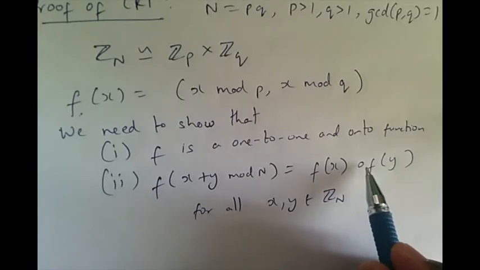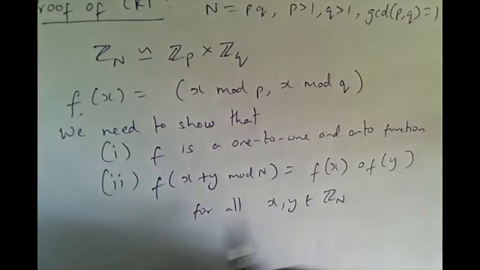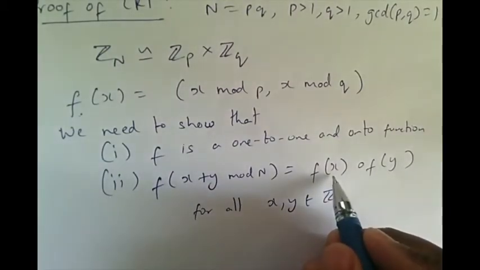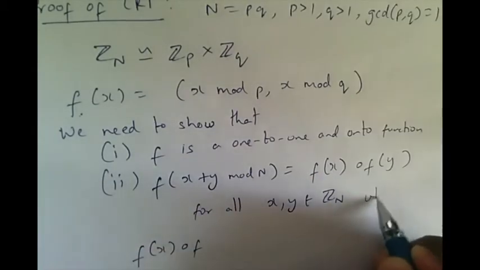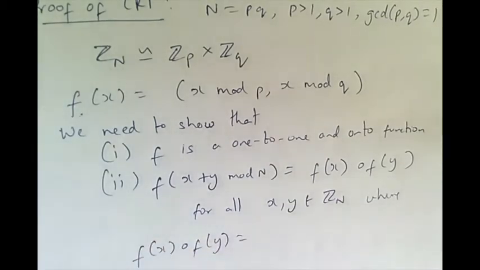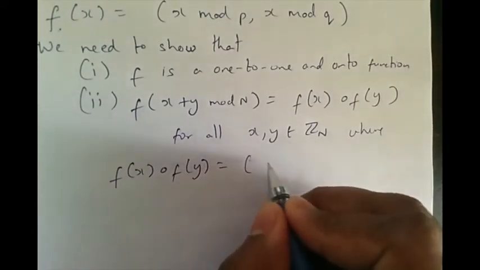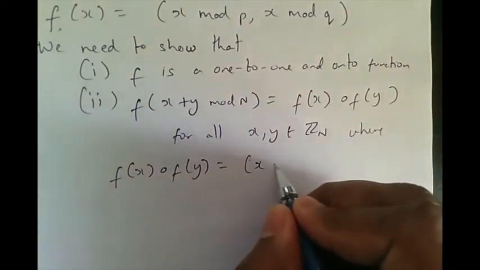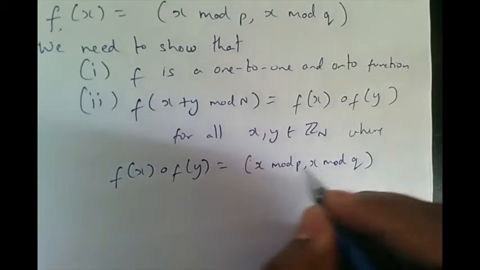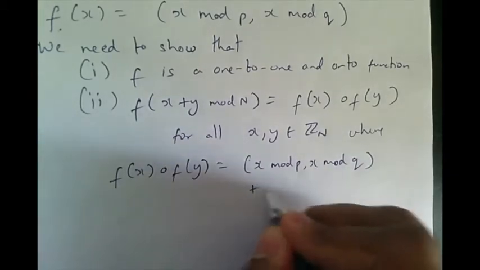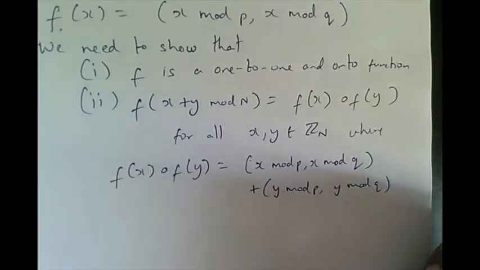So this circle is going to be the coordinate wise addition operation in Zp cross Zq. Let me just write that explicitly. f of x circle f of y is going to be (x mod p, x mod q) plus (y mod p, y mod q).